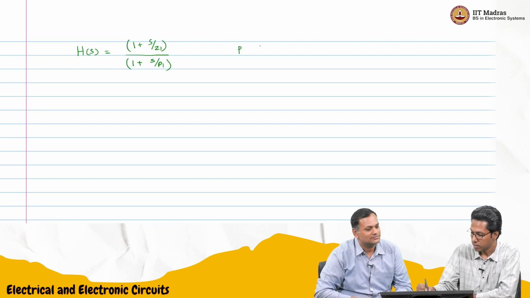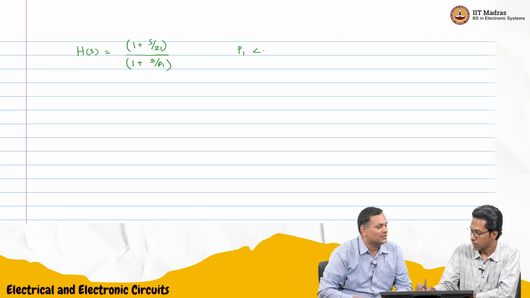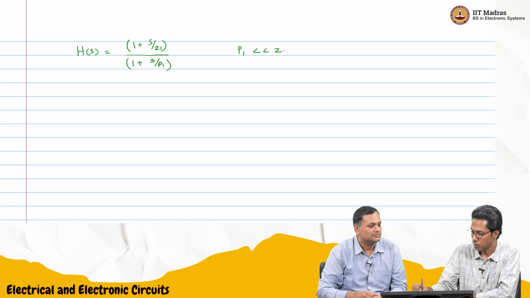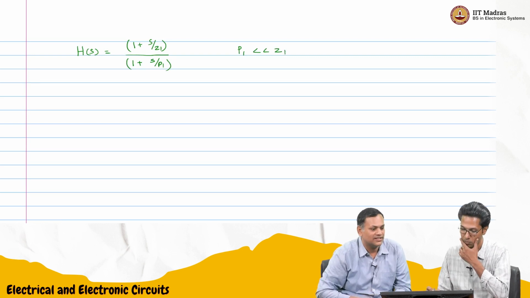So the pole is less than the zero. P1 is less than Z1.